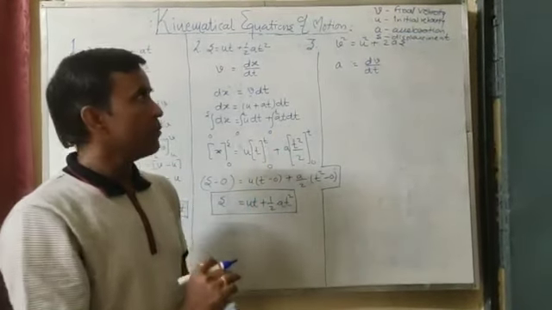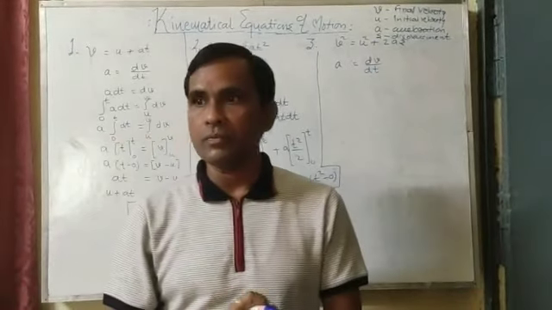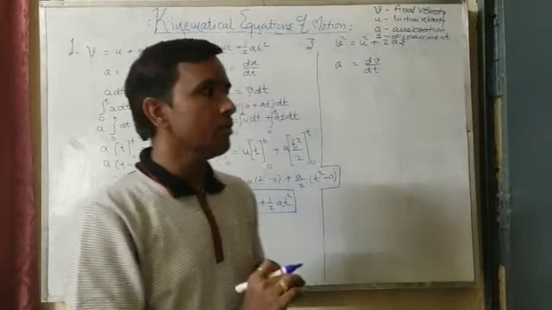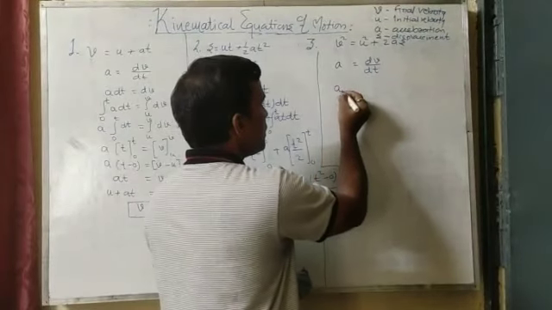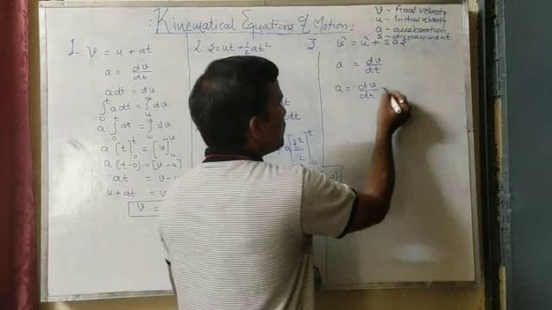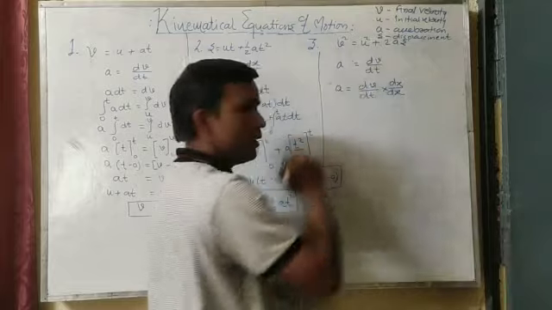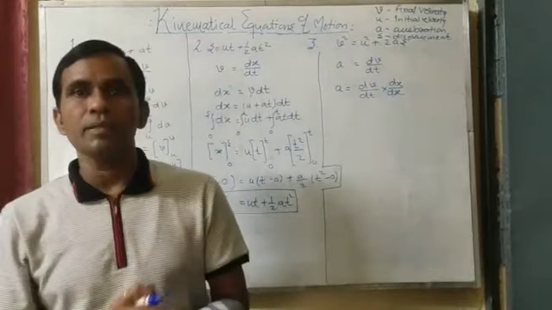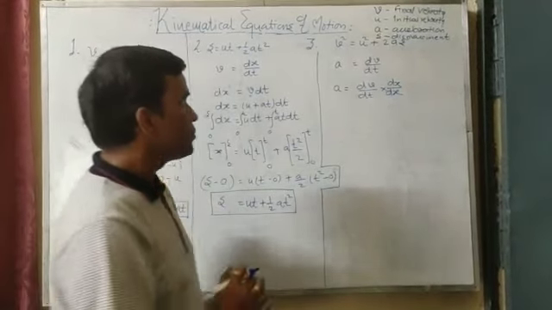We know that by multiplying and dividing any mathematical equation by the same term, its mathematical equality will not change. So same thing we'll do here. a is equal to dv by dt multiplied by dx by dx. We multiplied the term by dx and divided it by dx, so that the equality does not change.